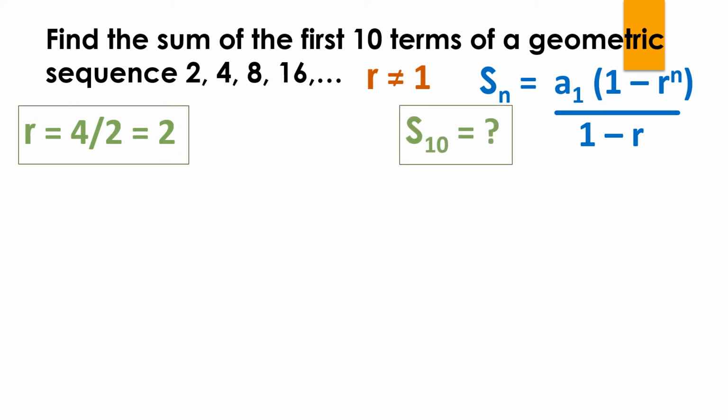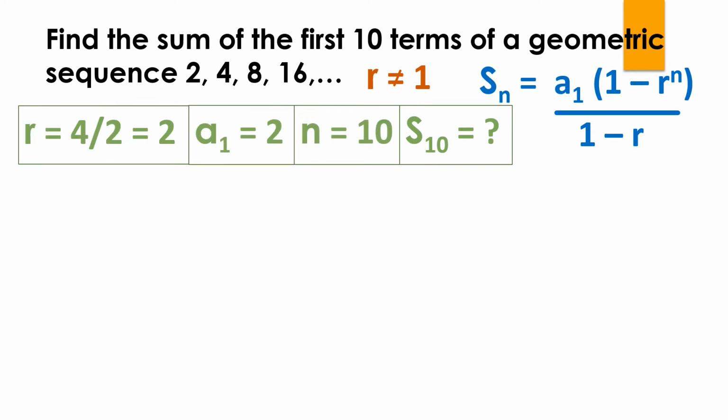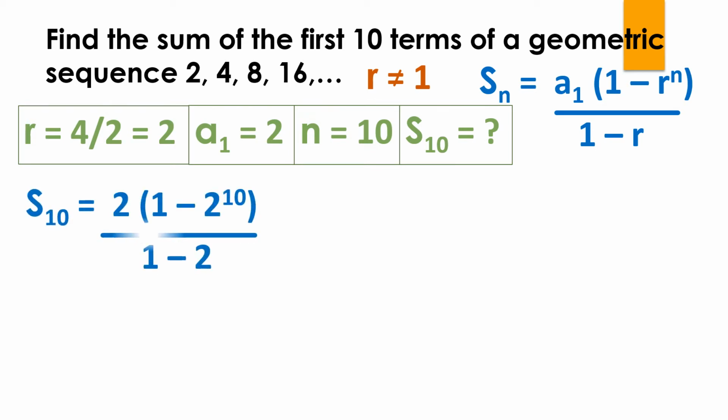So we are going to look for the sum of the first 10 terms, or S sub 10, given that n is equal to 10 and a sub 1 is equal to 2.